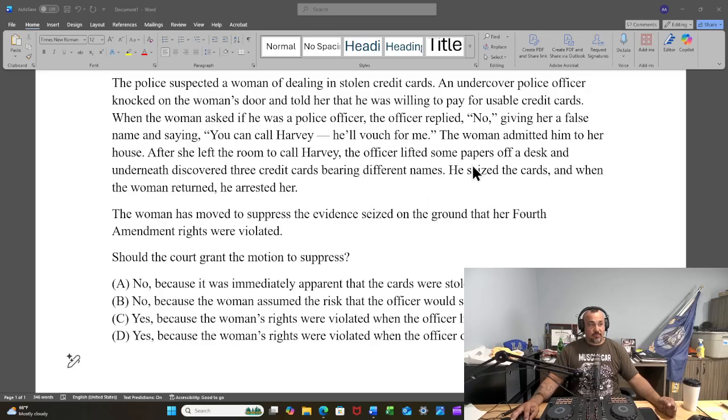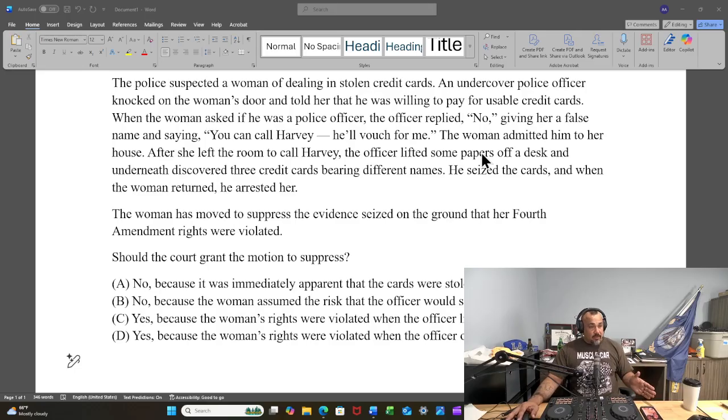He's just lifting papers. After she left the room, the officer lifted some papers off the desk and he discovered 3 credit cards. There's nothing to suggest that he had probable cause to believe they were there. And 2, what is the other thing he would need in order to lawfully lift that stack of papers and find those credit cards and not get excluded as a fruit of an improper search?